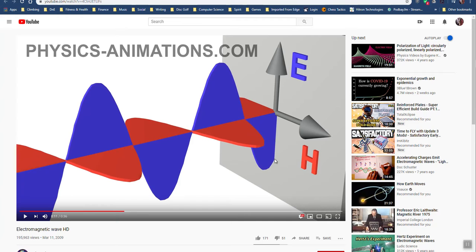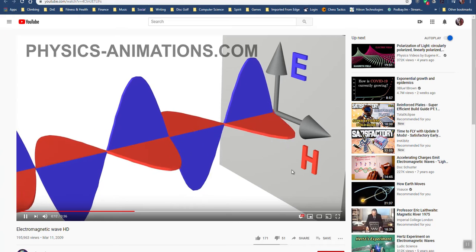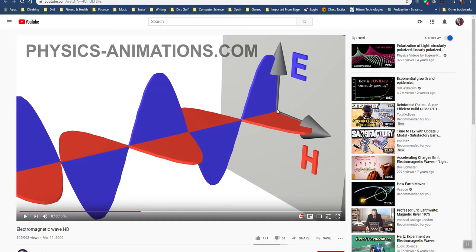The other thing I'd like to do is just freeze this at one instant in time. You'll notice that the electric field has some value. It's close to its maximum value in the minus, let's say this is the x direction, this is the y direction, in the minus x hat direction. And the magnetic field is close to its maximum value in the minus y direction. And then at a different point in time, we see now that the electric field has changed sides of its axis.